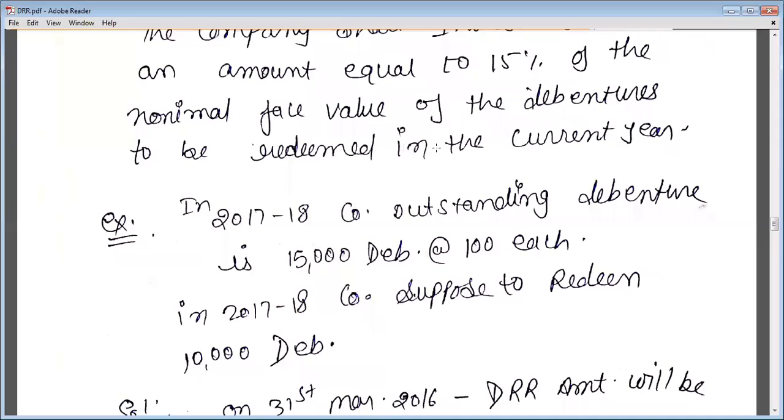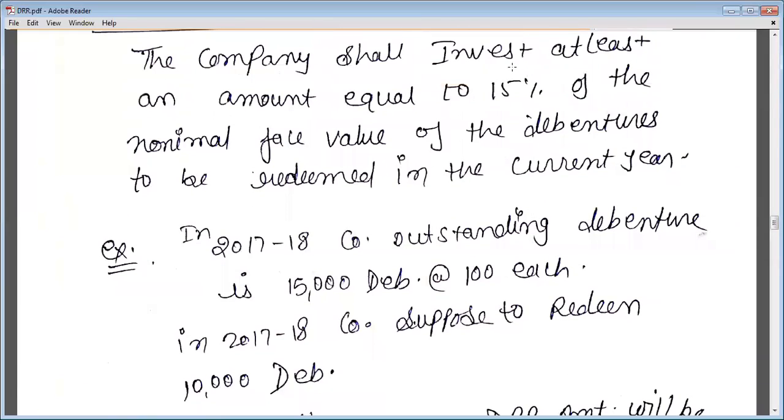You have to transfer that amount to DRI, or you have to invest 15% of the face value of debentures which are going to be redeemed in the current year. So now 15% has to be created on the amount which we are going to redeem, not on outstanding debentures. Okay? So DRR is basically created on the outstanding debentures' nominal value, and DRI is basically created on the amount which is going to be redeemed.